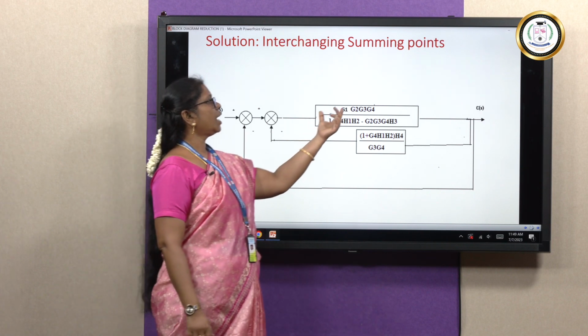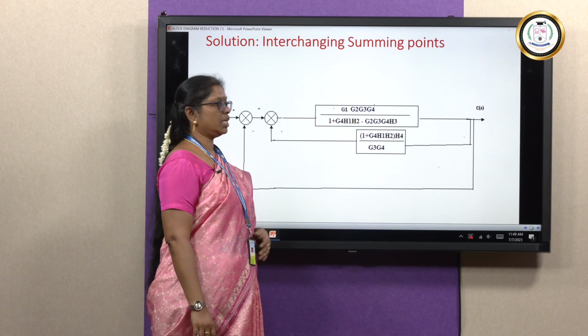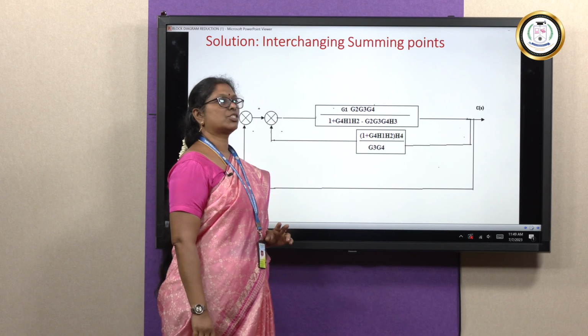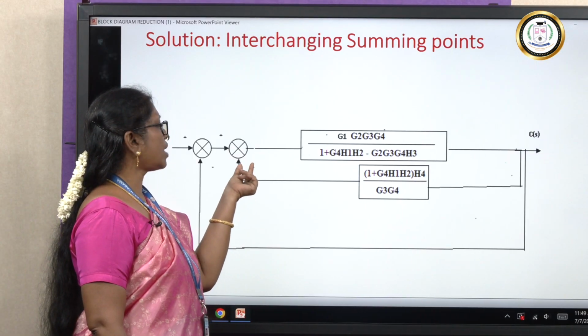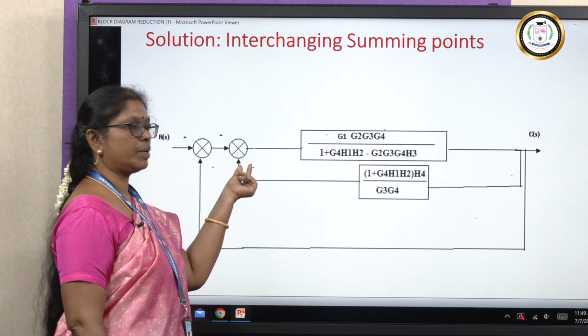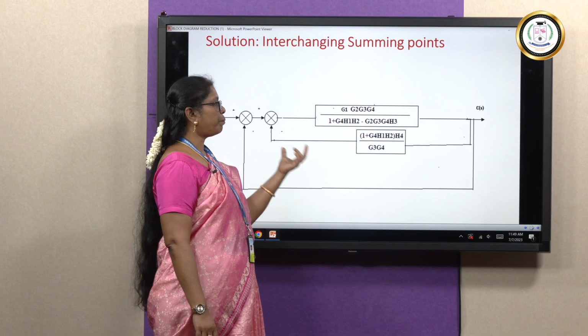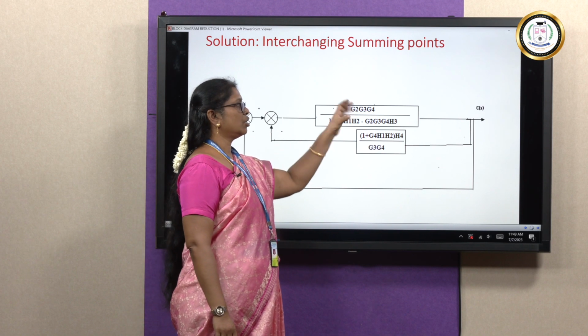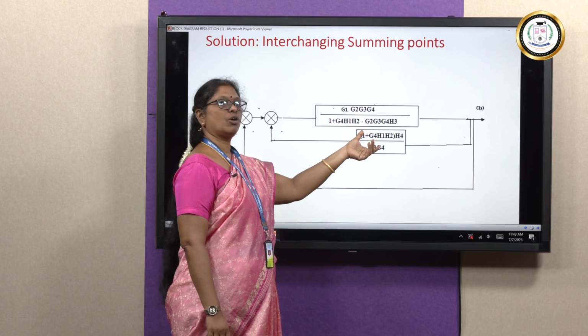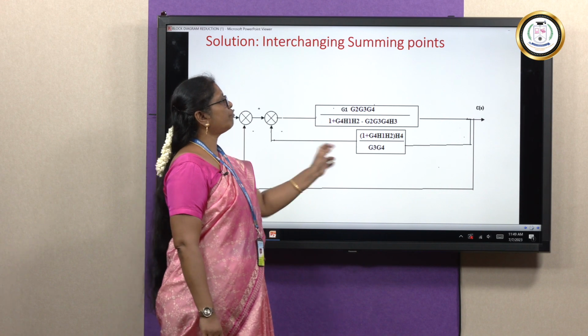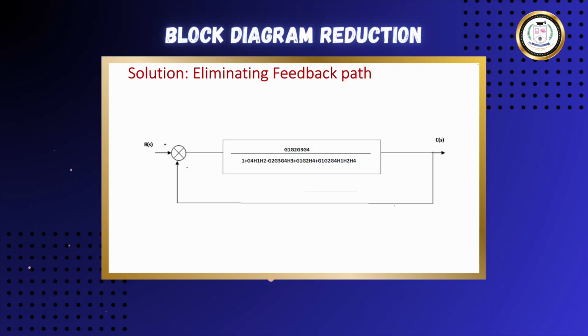Now, if you see, the entire thing is your G, this is your H. Okay. So, the summing feedback is negative feedback, minus. So, G divided by 1 plus G into H. So, this is your G, this is your H. Okay. So, if we reduce this, what did we get?